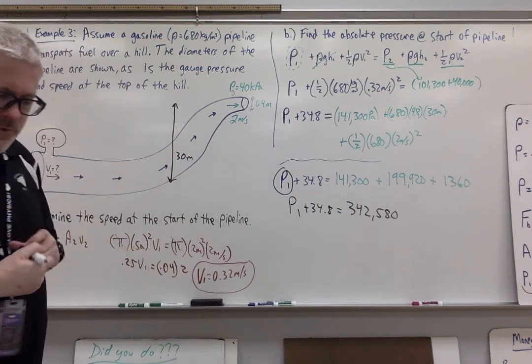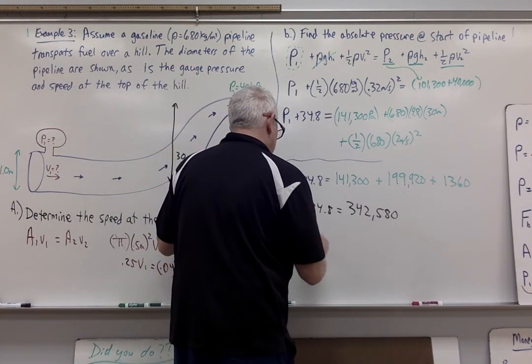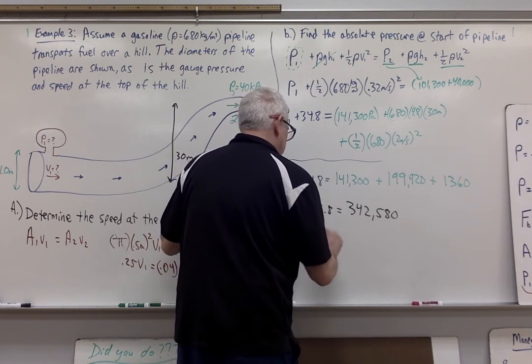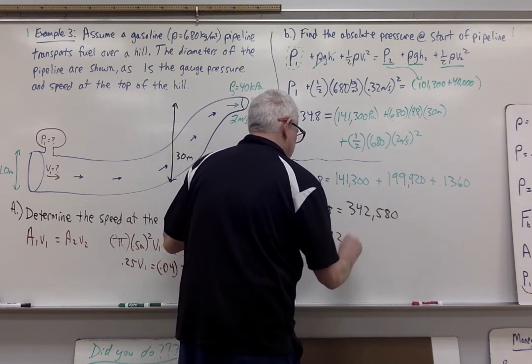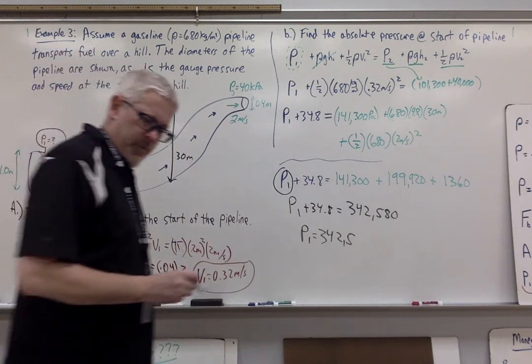So obviously the 34.8 doesn't mean much. So P1 is 342,545.2.